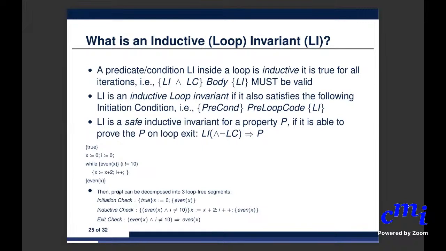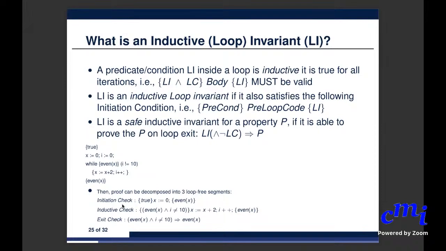So if you can find such a loop invariant that is inductive, it is true when you enter the loop the first time, and it is safe, that is when you exit the loop, it implies the post condition, then your verification of a program with a loop can simply be reduced into proving 3 loop-free segments.